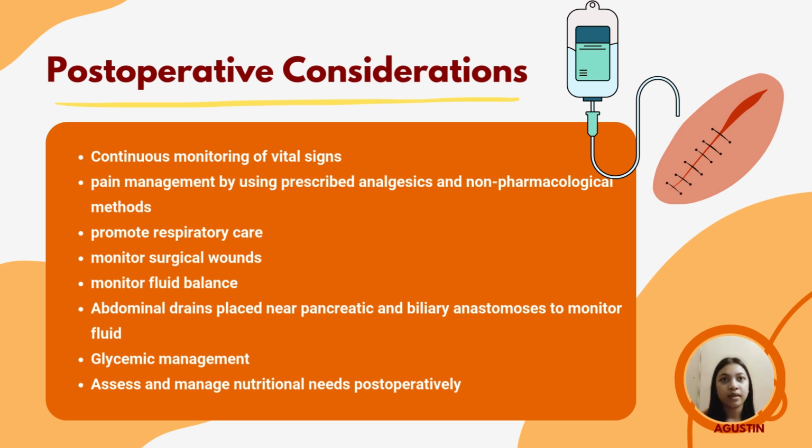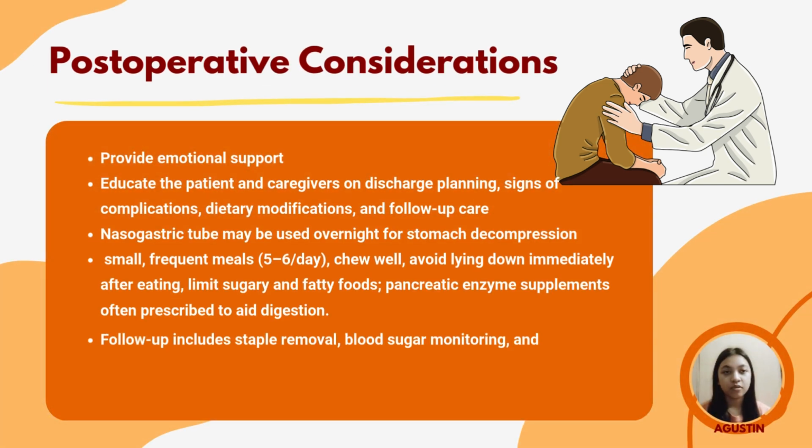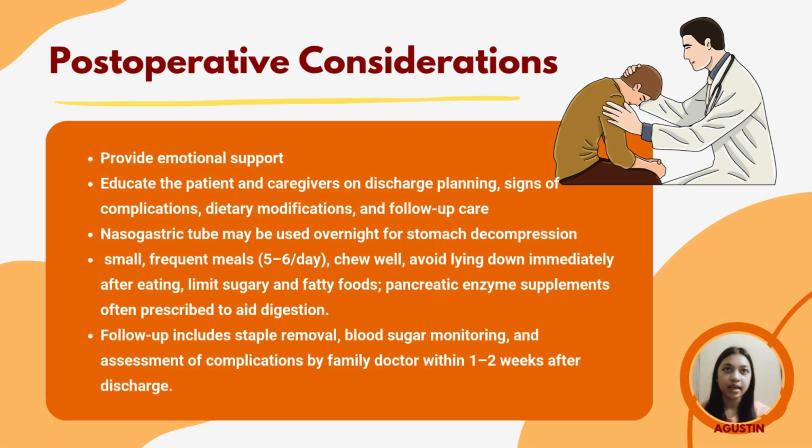Then, glycemic management is critical due to pancreatic involvement affecting insulin production. Then, assess and manage nutritional needs post-operatively, including early enteral feeding when tolerated to support healing and recovery. Next is provide emotional support to alleviate anxiety and encourage communication about concerns during recovery.